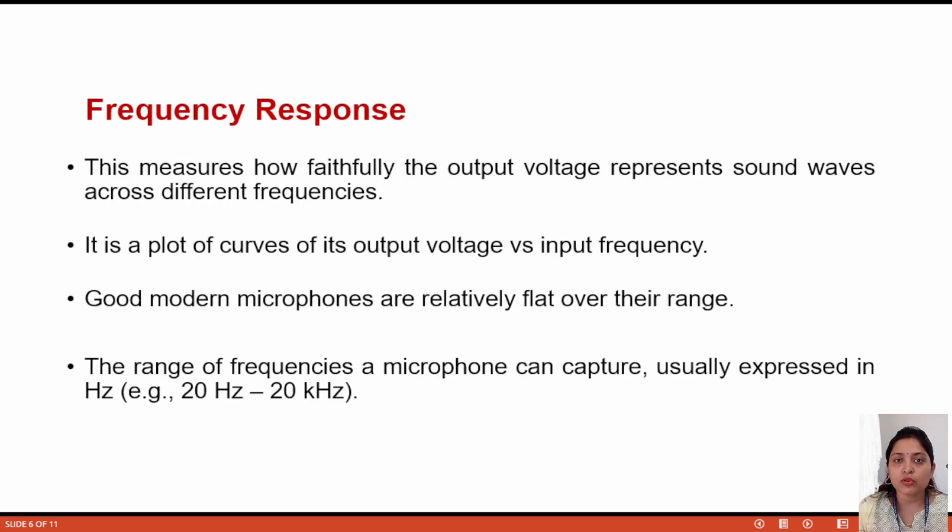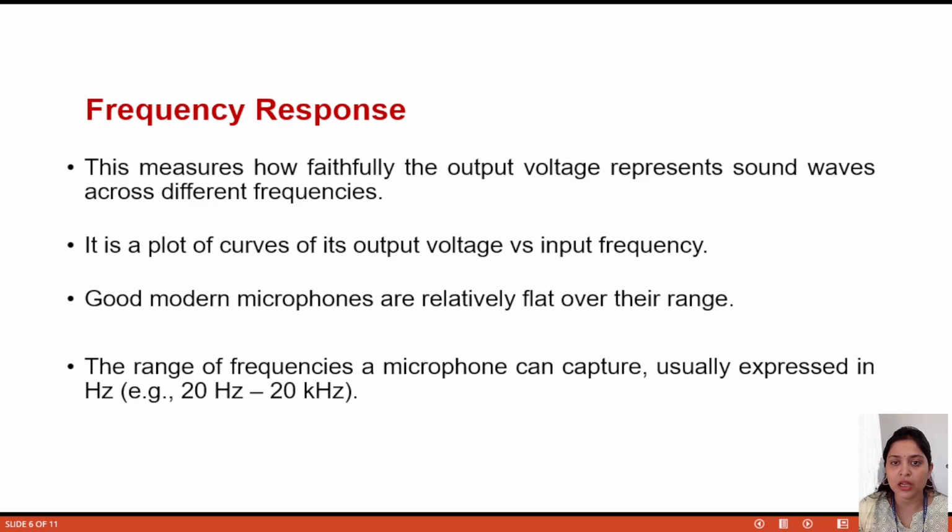Now this is frequency response. It measures how faithfully the output voltage represents sound waves across different frequencies. It is the plot of output voltage versus input frequency.